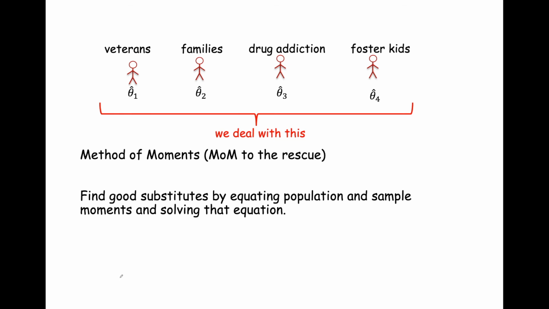Statisticians over time have done the work to come up with methods that guarantee that the result will always be stable. And so what you do in method of moments is you find good substitutes or good estimators by equating something called the population moment with the sample moment and then solving the equations that you get, system of equations, when you equate the population moment with the sample moment.